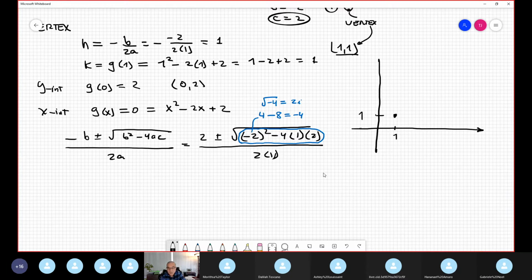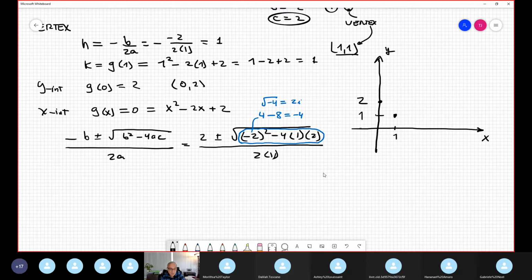I know also that the parabola opens up because a is positive. I know also that the y-intercept is 0,2. And the parabola passes through this point, 0,2, and never crosses the x-axis, and it's logical because the vertex at 1,1 opens up, so it never crosses the x-axis. So the confirmation that we are doing well is okay.